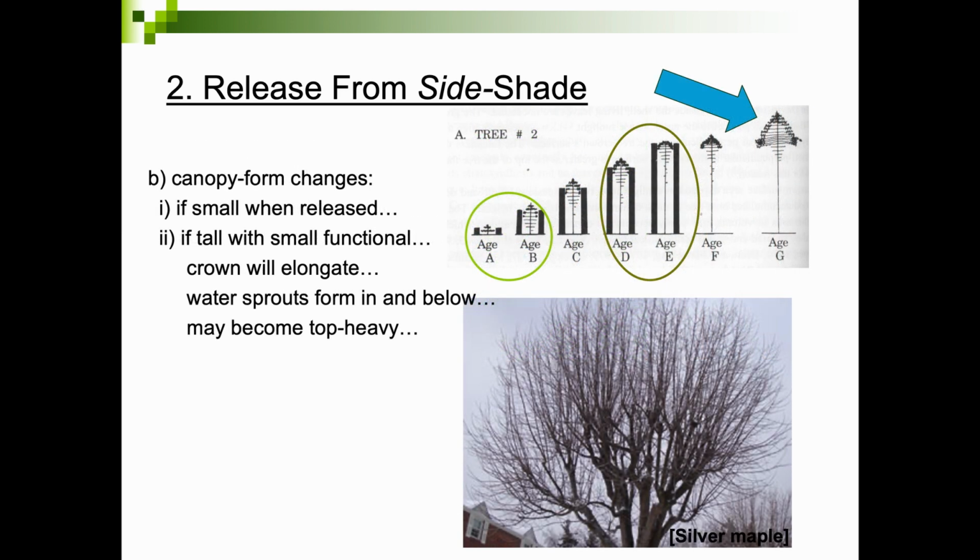In terms of canopy form changes, depending on when the individual is released from shade, there will obviously be a different growth pattern. If the individual is young and small when it's released from shade, like this green circle, then these individuals will grow much more rapidly with all this new available light.